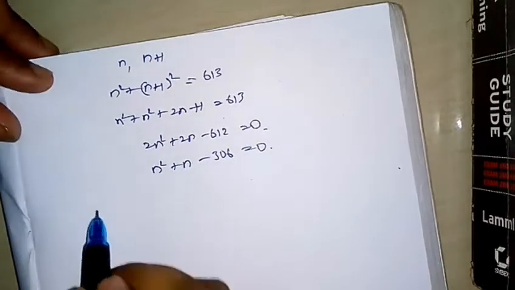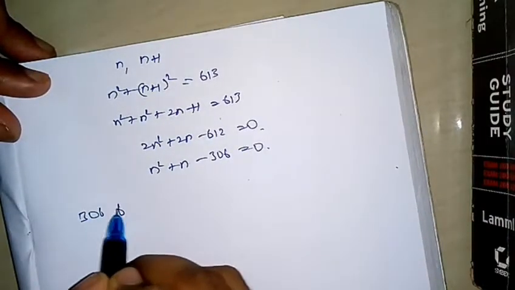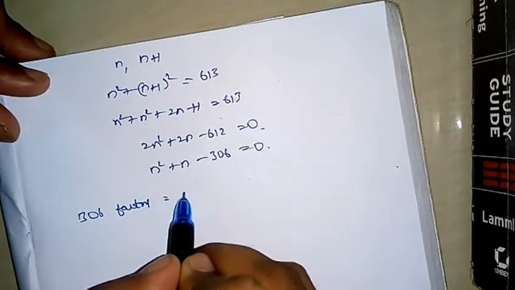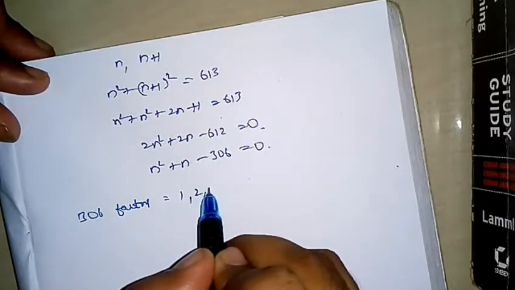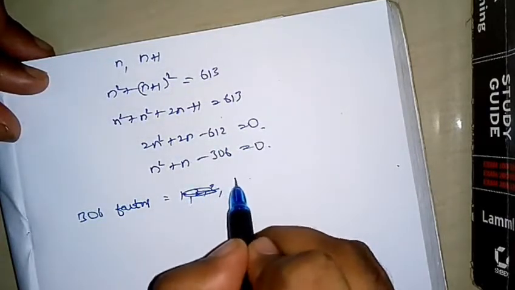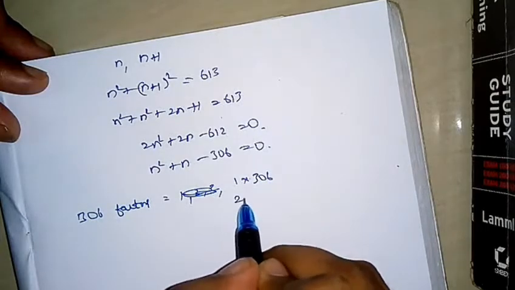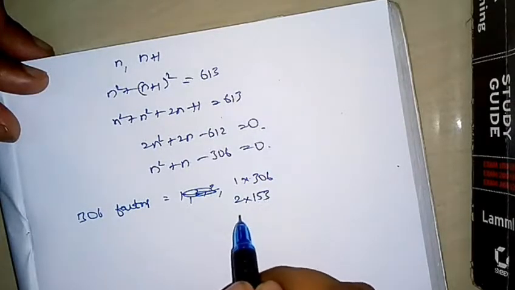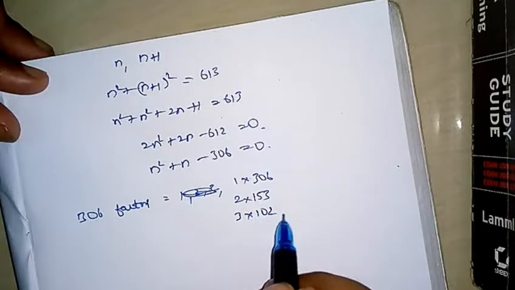Factors of 306: 1 it goes, 2 also it goes, 3 also it goes. So 1 into 306, 2 into 153, 3 into 102.